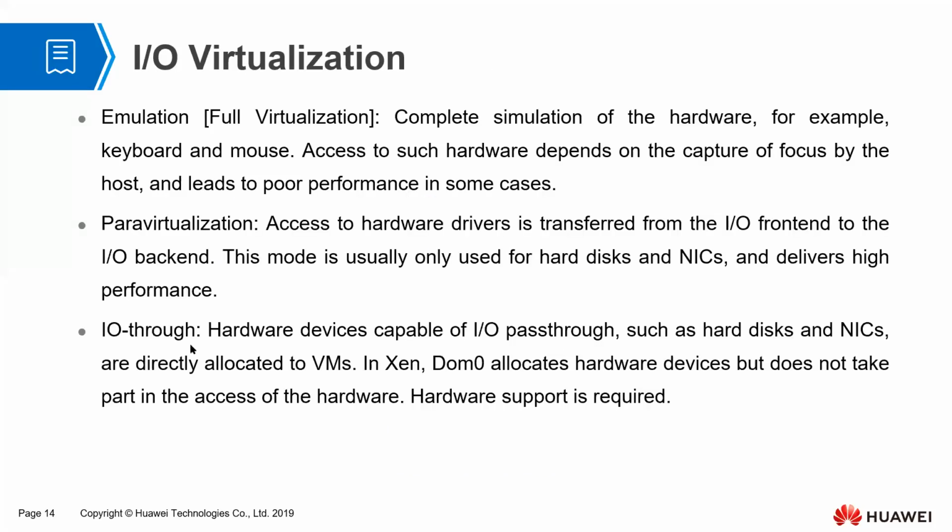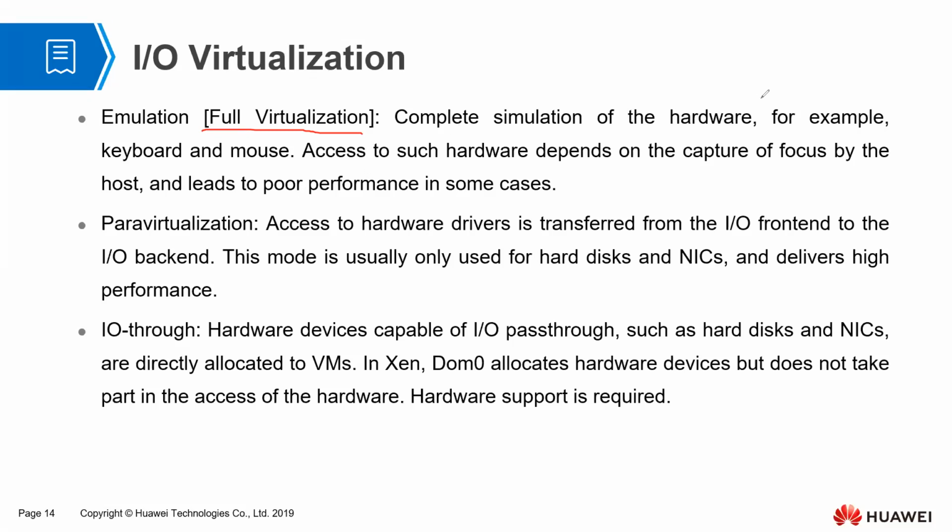So let us also look at input and output virtualization. With input and output virtualization, emulation, or what we are calling full virtualization, we have already looked at full virtualization, and we know that the hypervisor traps and emulates all the instructions that are sent to it.